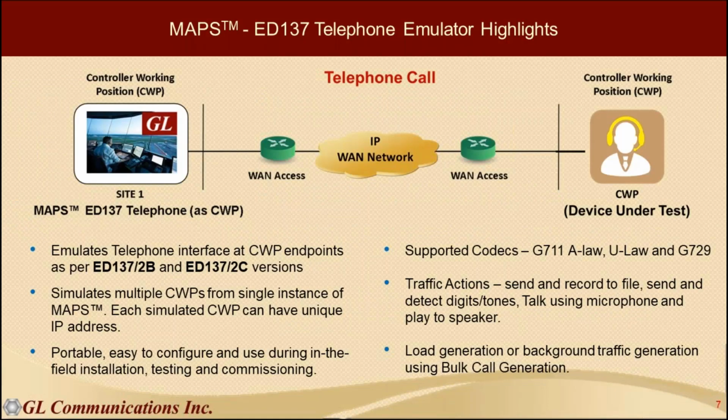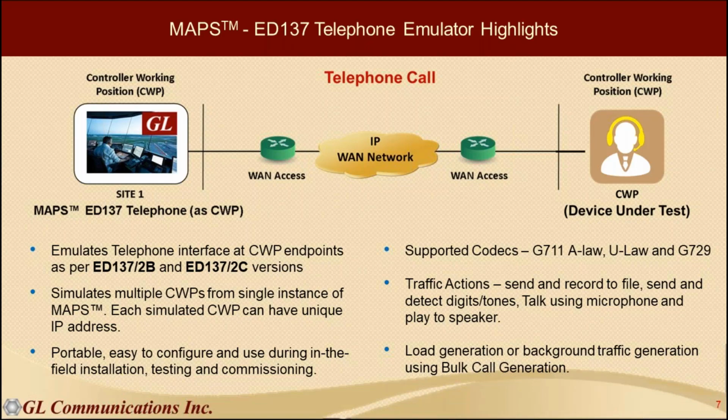This image shows a use case where MAPS ED137 is simulating a ground-to-ground call against a real controller working position or a VCS to perform functionality verifications. It can simulate the ED137 Volume 2 telephone interface, and recently we have enhanced it to support the C version also.